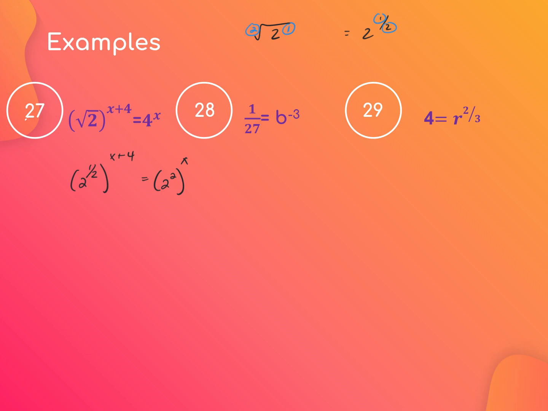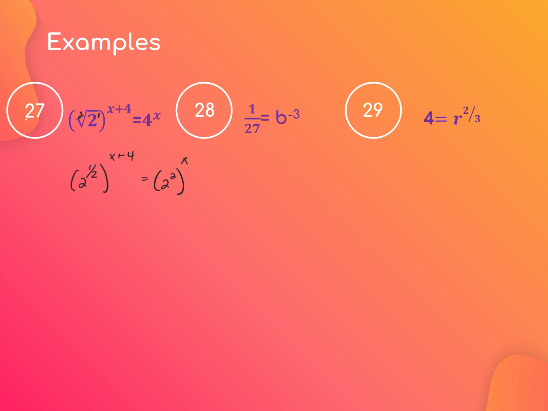So, for example, if I had, let's say, the cube root of 2 to the 4th power, then this would be 2 to the 4/3 power. Again, this would be the numerator, and this root or index is our denominator. And so again, I just wanted to refresh how to convert from a radical to a fractional exponent. So that's how we got the 1/2 power, is the 1 and the 2 there, okay?